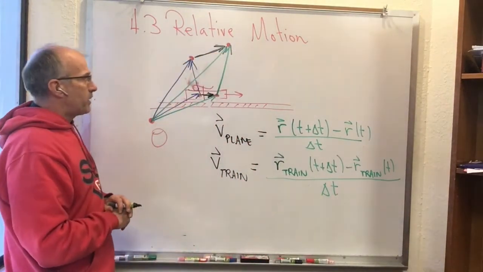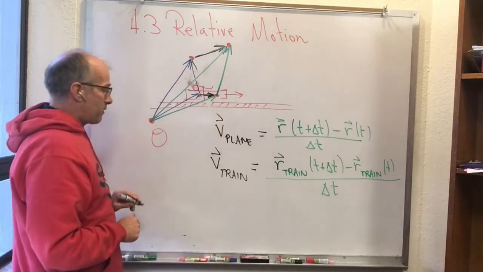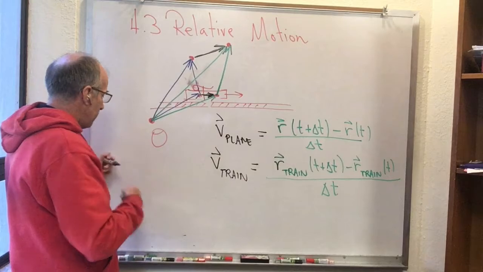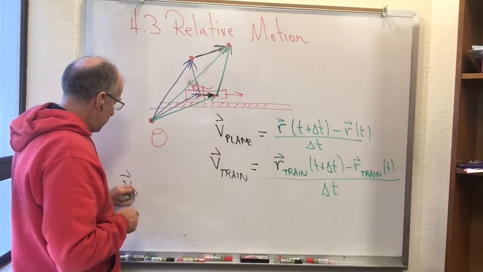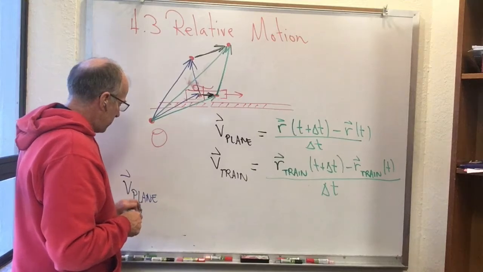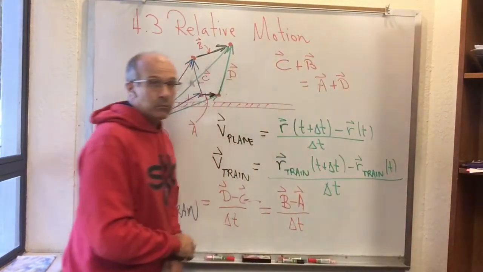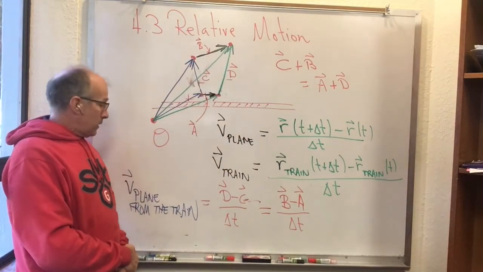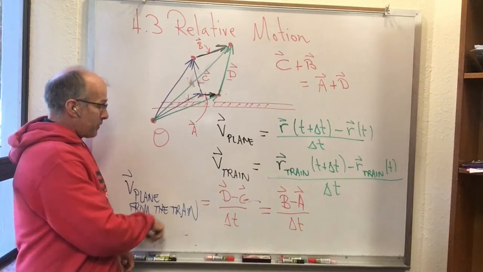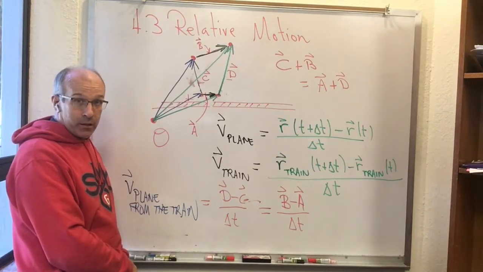Now, the question is, what does the person on the train say the velocity of the plane is? Okay, so I will call that v sub plane from the train. This is so crazy tricky, I had to label everything.